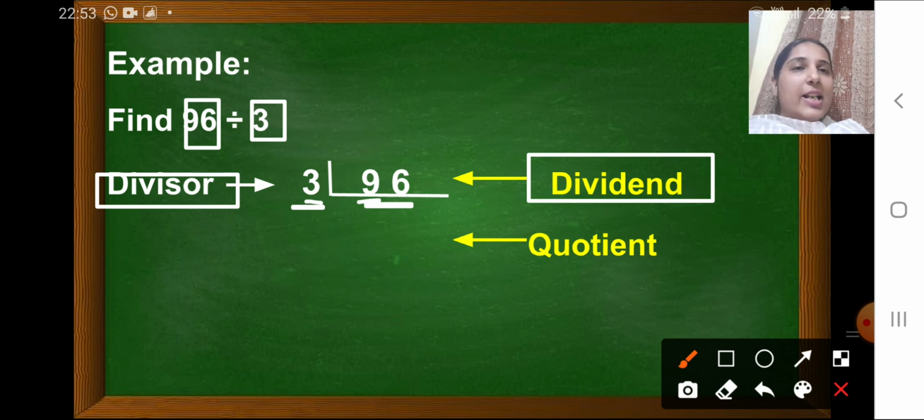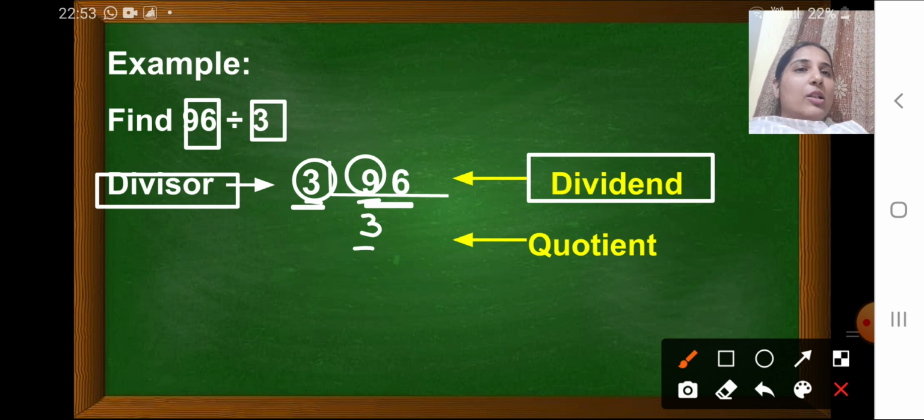So that 3 we will write below the 9. In simple terms, we have divided 9 by 3, and we get 3, which we have written here.